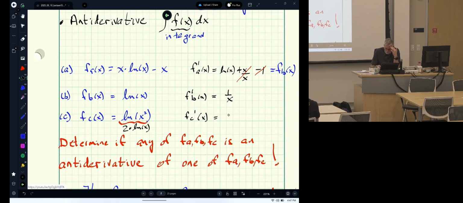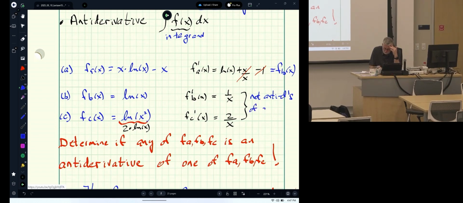Hence the derivative is just 2 over x. And it's not, and so these are not antiderivatives of functions in our list. They're antiderivatives of something else, okay? So not anti-Ds of anything in our list.